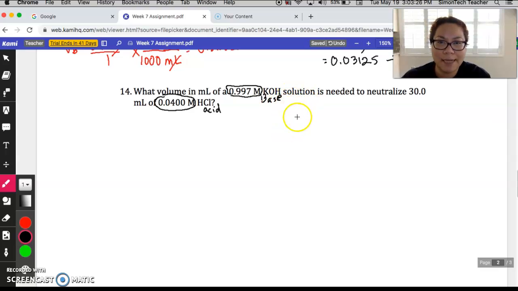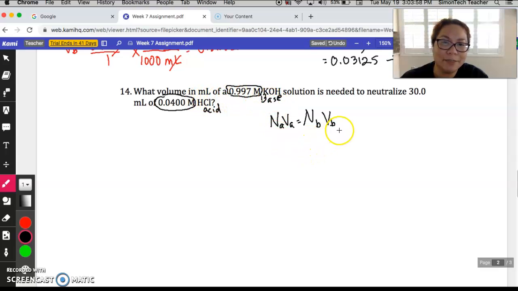So we're going to use that equation again. It is normality of acid times the volume of the acid equals the normality of the base times the volume of the base. So let's figure out the normality. Oh, before we do that, actually, let's rearrange this so that all we have on one side is the volume of the base and the other variables on the other side. So this time, what volume in milliliters of the base?